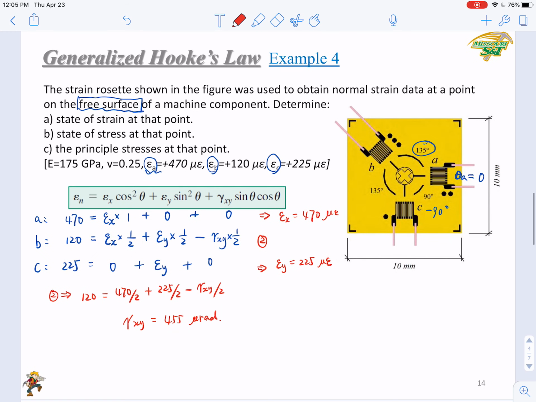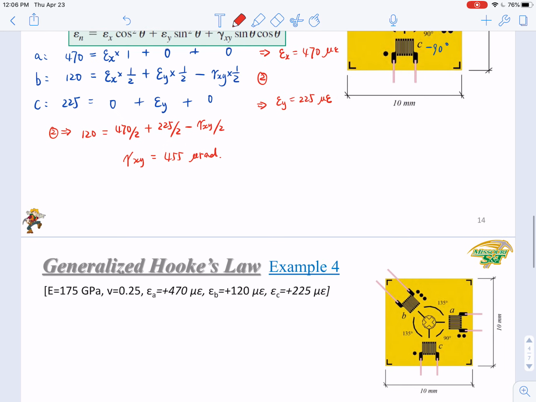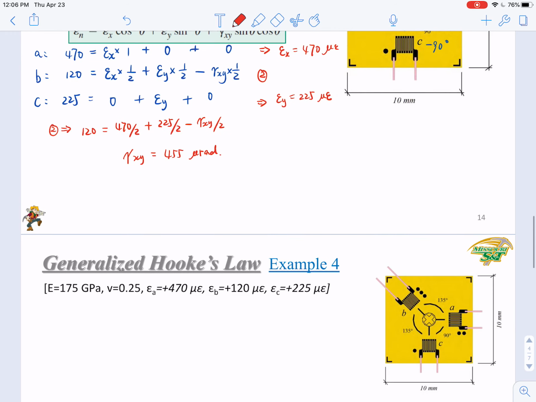Okay, so here is the first step. We have just determined the state of strain at this point. Let's summarize them here. This is our first step, step A, already done.